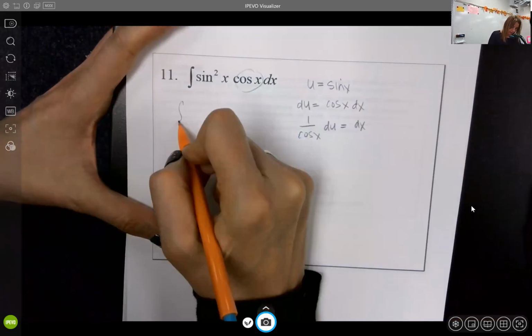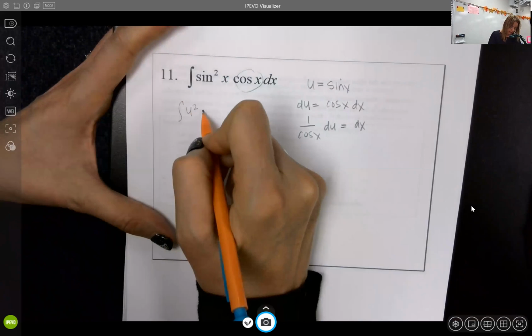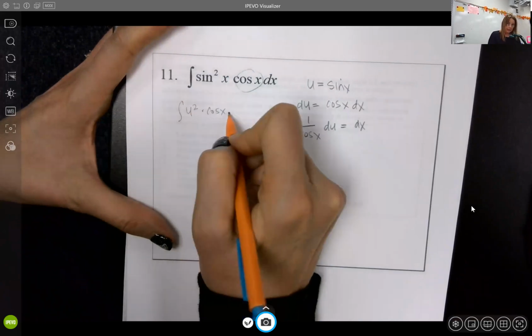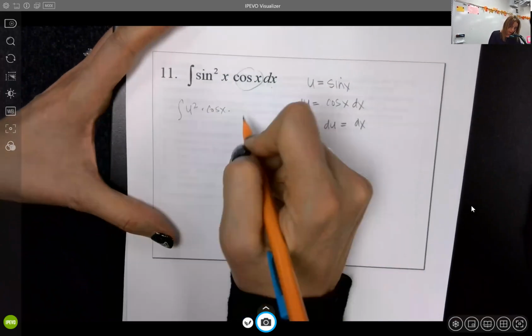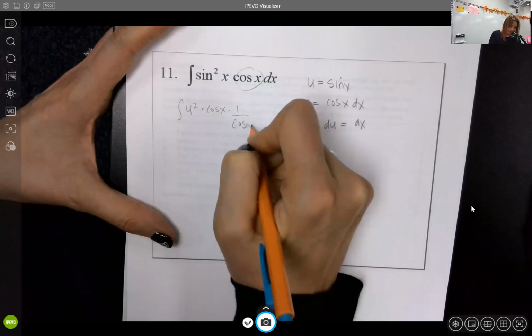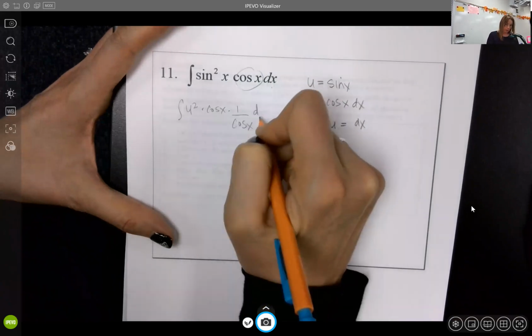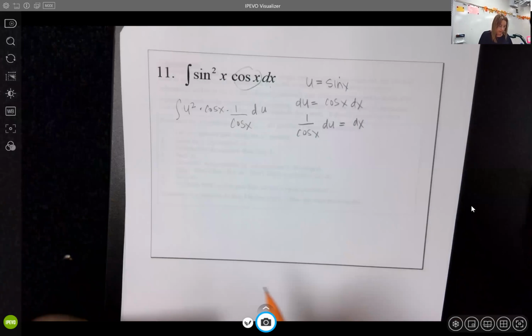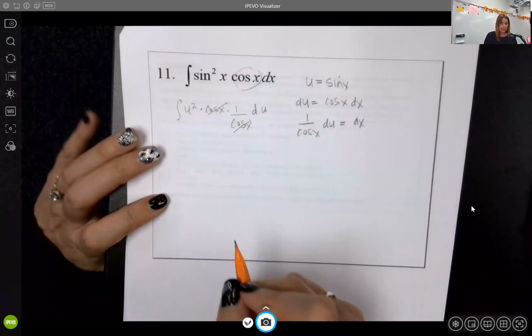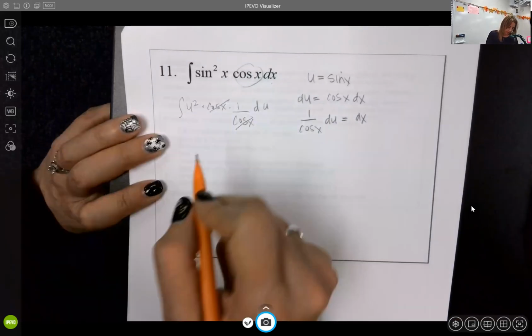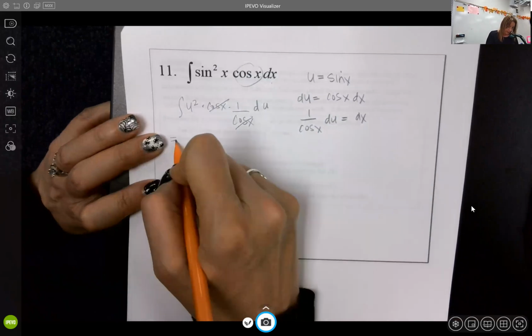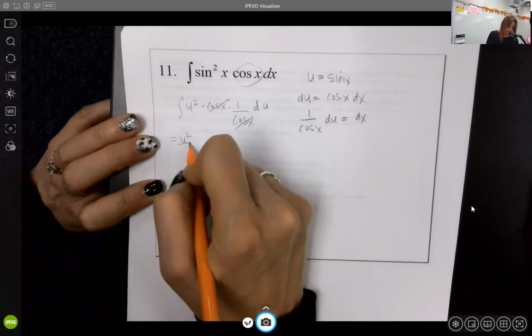Now we've got u squared times cosine, and then dx is my 1 over cosine x du. So these are going to cancel. Anything with an x is going to cancel before you can do this problem. So this is going to be u squared over 2 plus c.